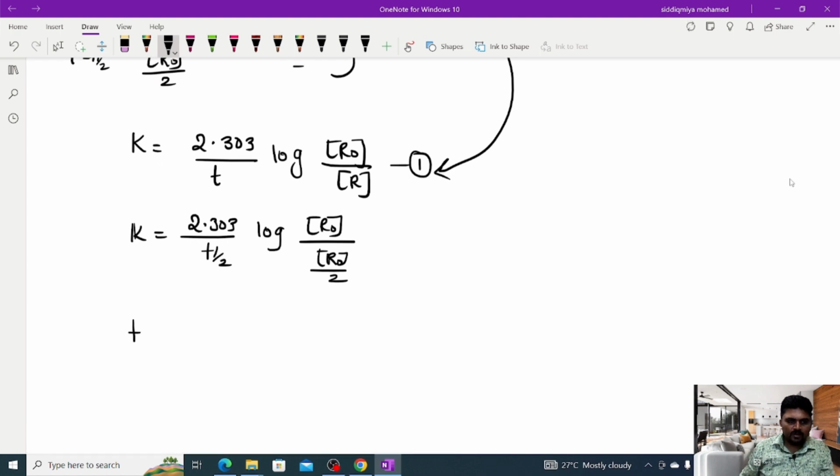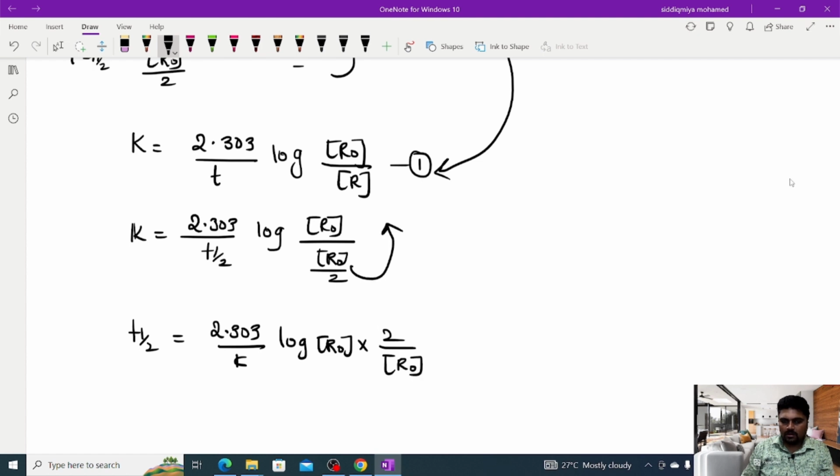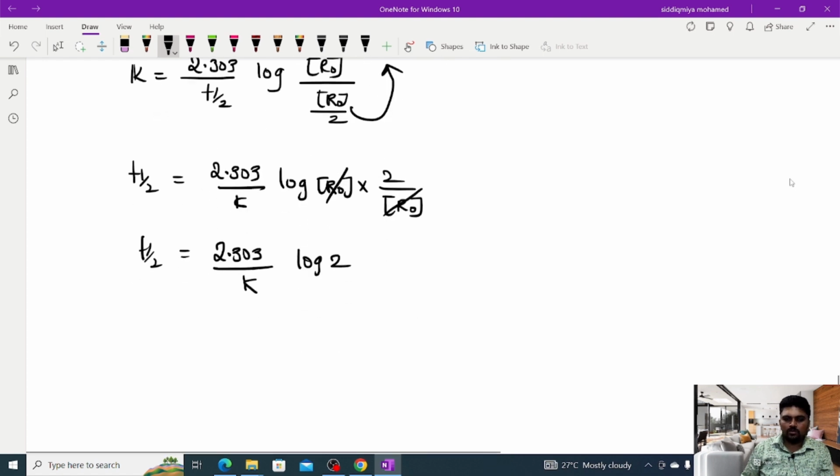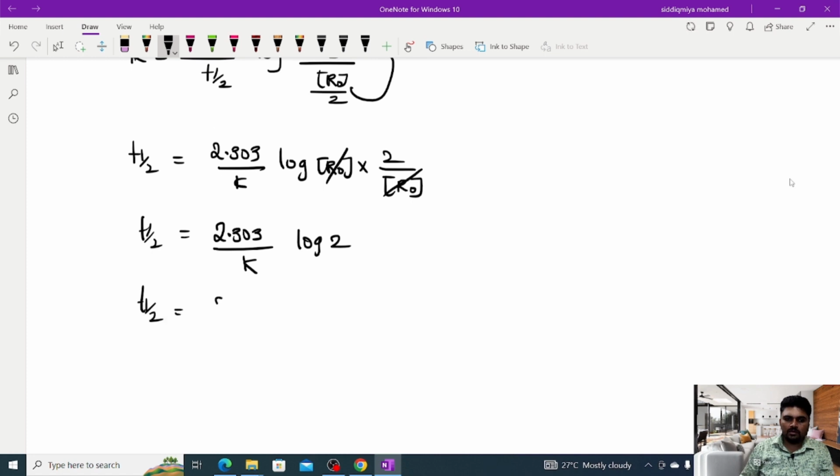So we get T half is equal to 2.303 by K log R naught into 2 by R naught. If you take the denominator upside, the denominator becomes the numerator and the numerator becomes the denominator, so R all cancels.